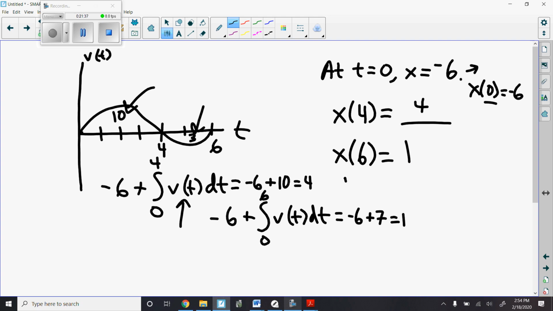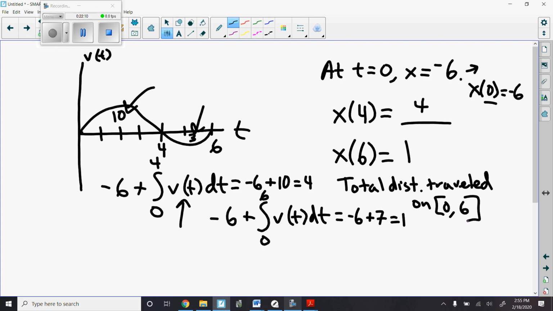But what is my total distance traveled on the interval 0 to 6? Well, that would be the integral of the absolute value of v of t. And what that, in a sense, is doing, right, is it doesn't allow that graph to go negative, and it bounces it up the same way it would positive.